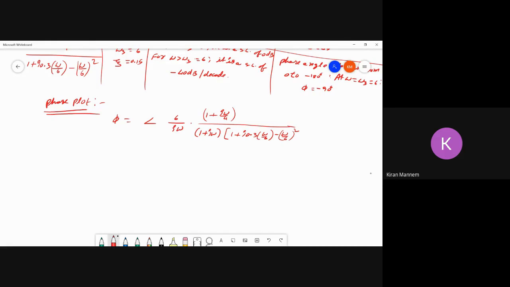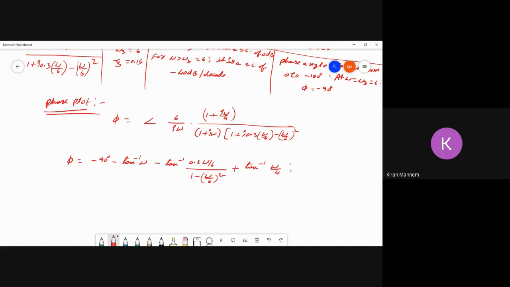Now what is the phase angle for this transfer function? The phase angle would be, first one, minus 90 degrees. It's a constant. So minus tan inverse omega, again minus tan inverse of 0.3 into omega by 6 by 1 minus omega by 6 whole square, plus tan inverse omega by 4.